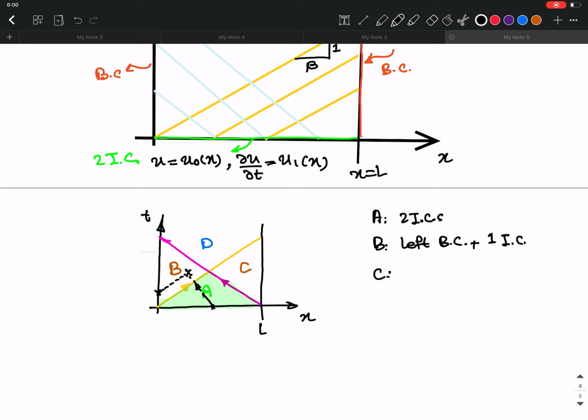So C is going to be similar, but now you need a right boundary condition plus one initial condition. Okay, so if you draw it here, for example, for one point, you need an initial condition from here and one boundary condition from here.